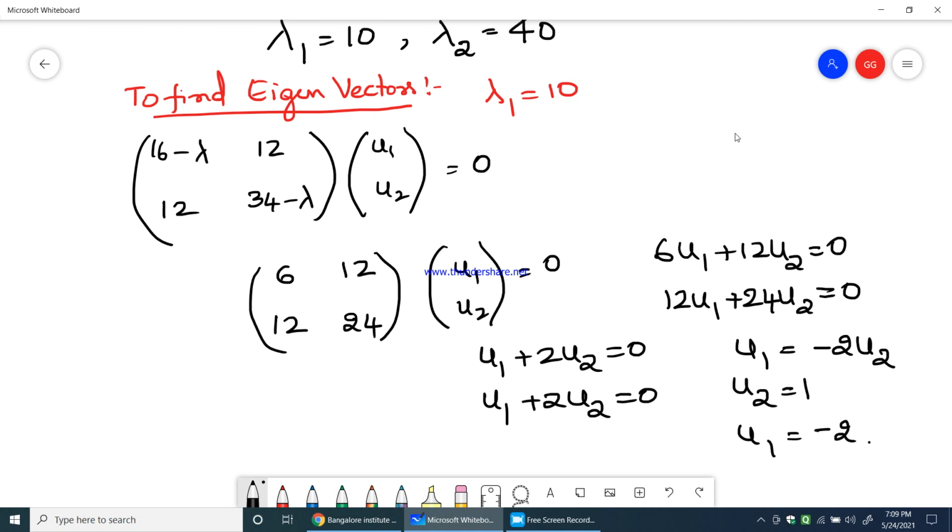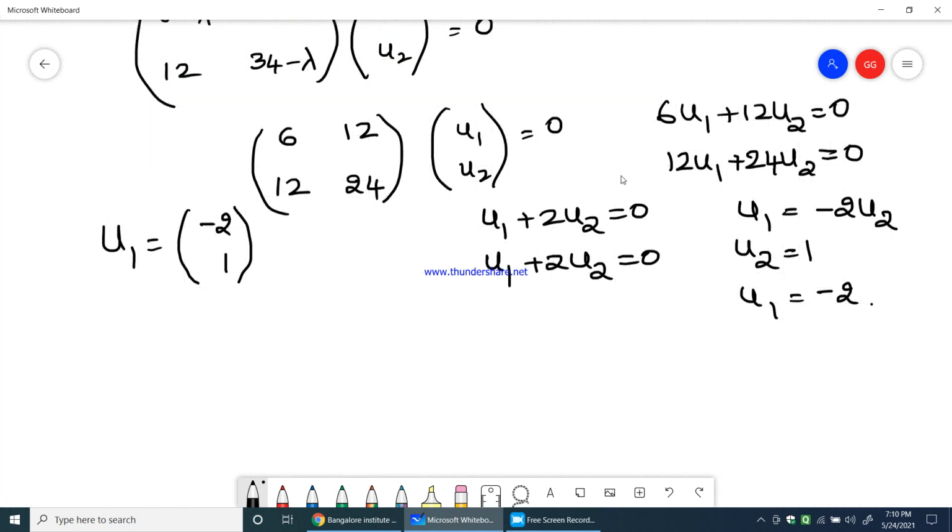So the first vector U1 is minus 2 and 1.